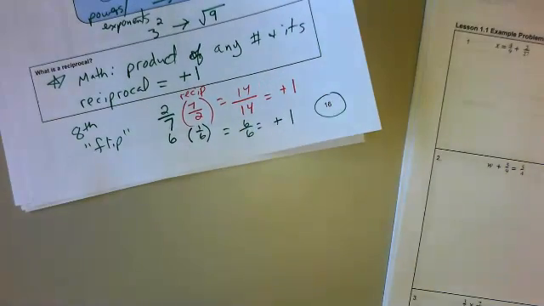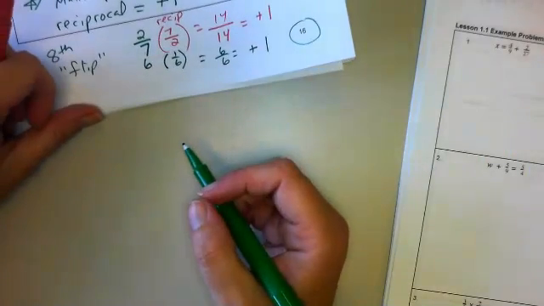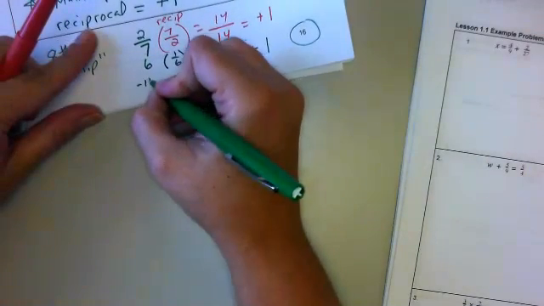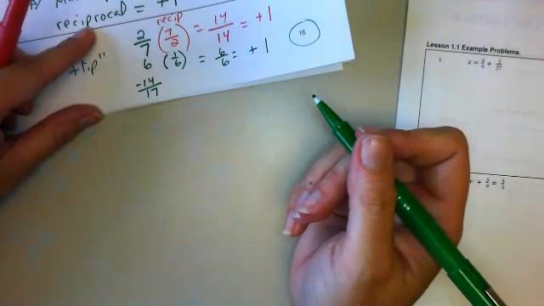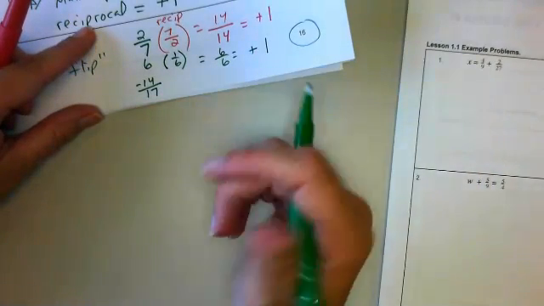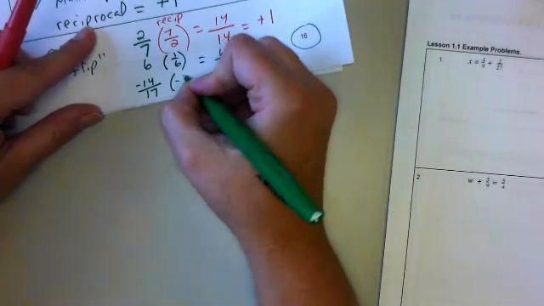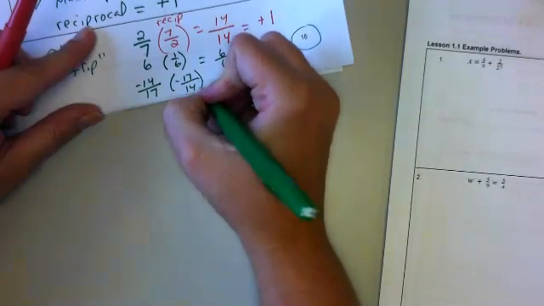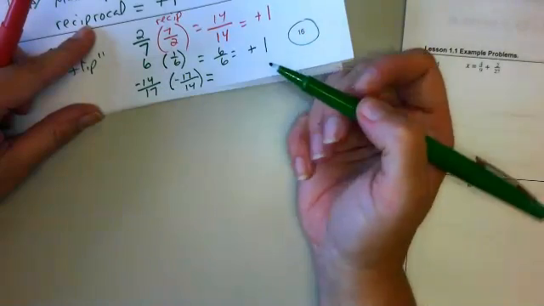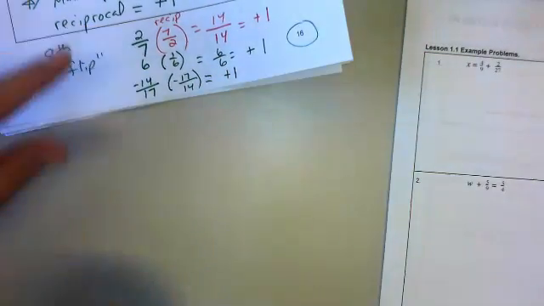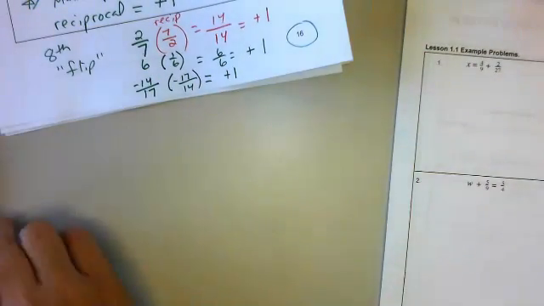Let's say you have a negative 14 over 17, okay? Remember in 8th grade, we think of reciprocal as flipping it. So the reciprocal is going to be negative 17 over 14, okay? Cross cancel, negative times a negative is a positive, and you're going to get a positive 1, okay? So that's our little bit of review.